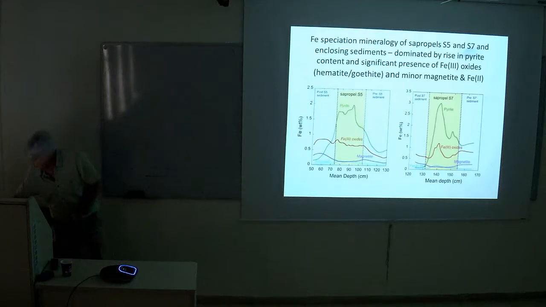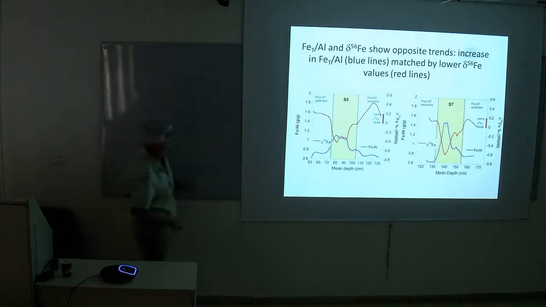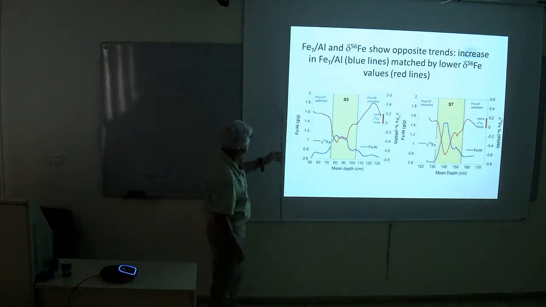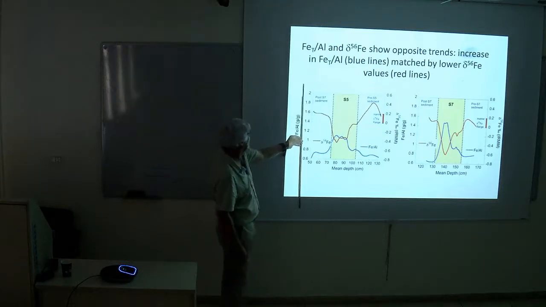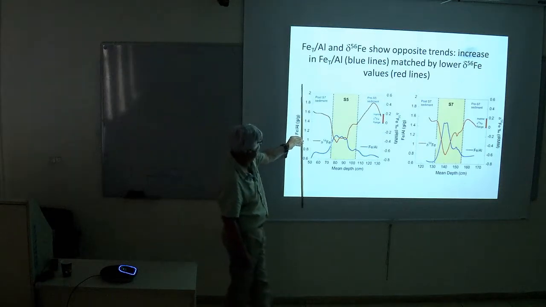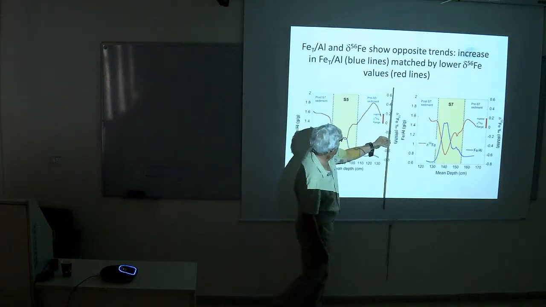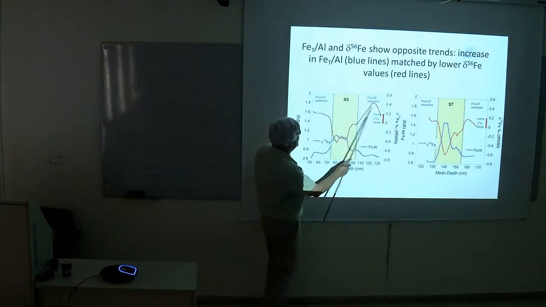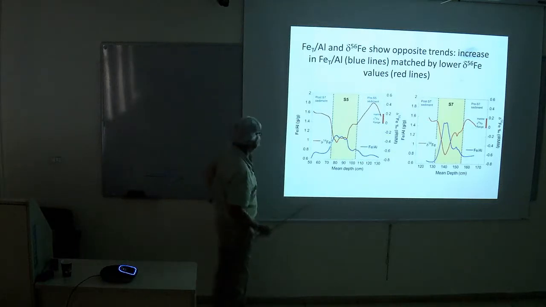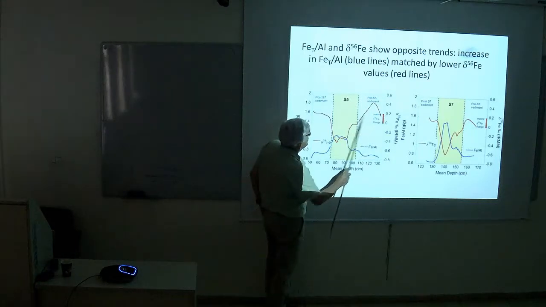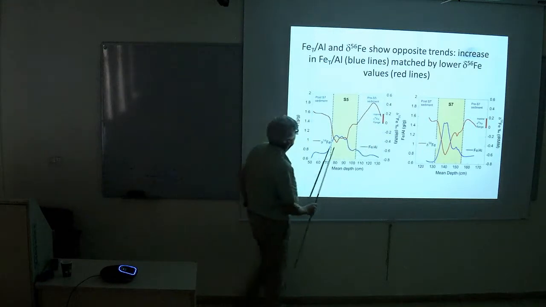Then, if we look at the iron isotopes, on these graphs I'm showing Fe/Al, the amount of iron, that would be the blue line, and this scale in red will be the iron isotopes. The normal marine range for most marine sediments is about 0 to 0.2.